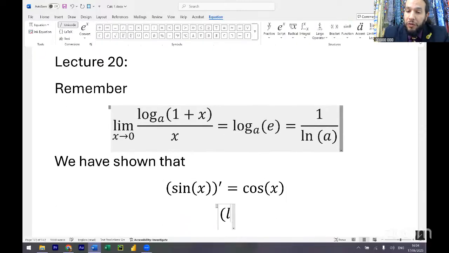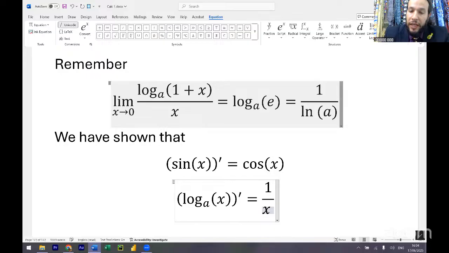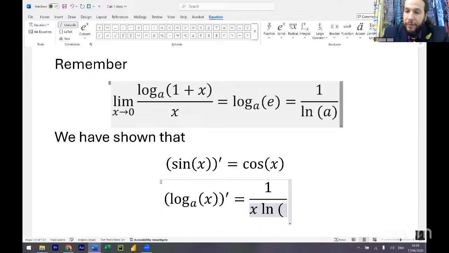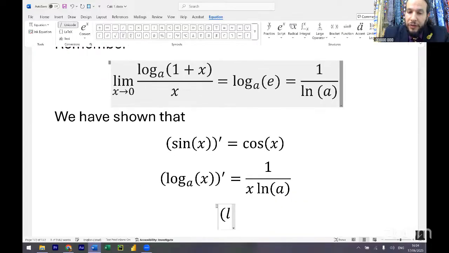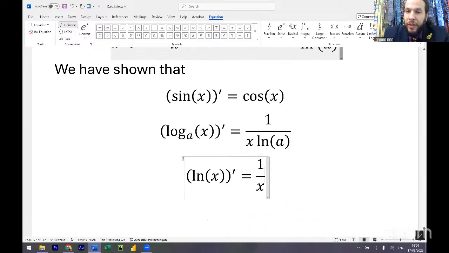And we've shown the derivative of log in the base a of x is 1 over x times the natural logarithm of a. And specifically, the derivative of ln of x, the natural logarithm of x, is 1 over x. So we've seen that.